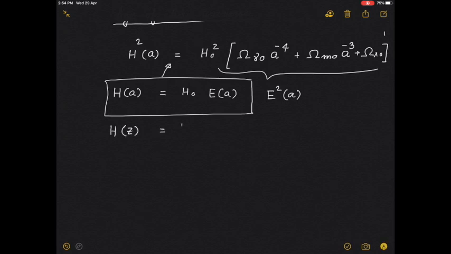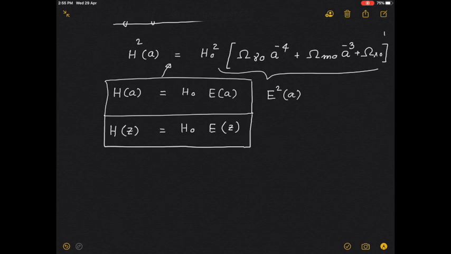And with abuse of notation again, I can write a corresponding expression like this, where E of z is nothing but the same thing, but a is replaced with 1 plus z. So a to the minus 4 will be 1 plus z to the power plus 4, like that. I request you to derive the z expression from the a expression.